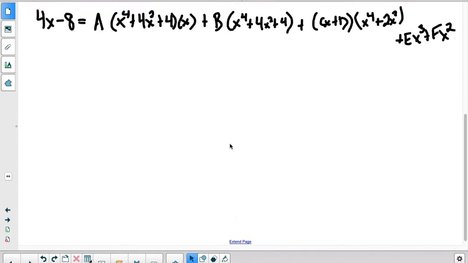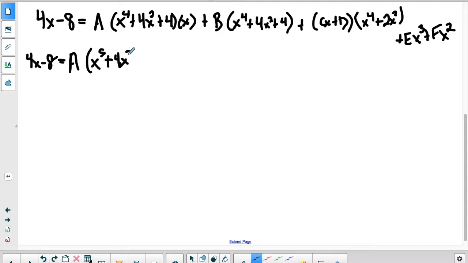And again, we're still simplifying this down. So here I'm going to have 4x minus 8 equals a. Now I've still got to multiply it through by x, so x to the 5th plus 4x cubed plus 4x, plus b times, well, for b, since this is already multiplied out, I'm going to multiply through by b.